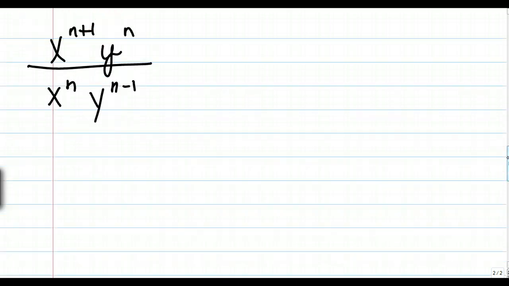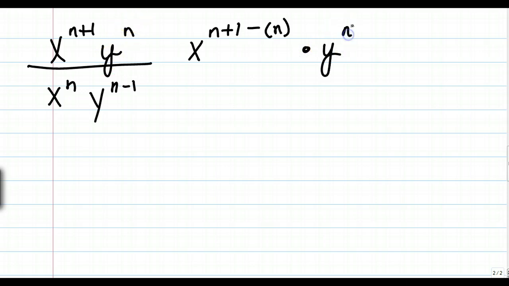Looking at this question, you're going to look at your x's first, and you are going to have x to the n plus 1, and you are subtracting n. I'm getting the n from the bottom here. Times, you have y here, and that's y to the n, and you are minusing n minus 1.